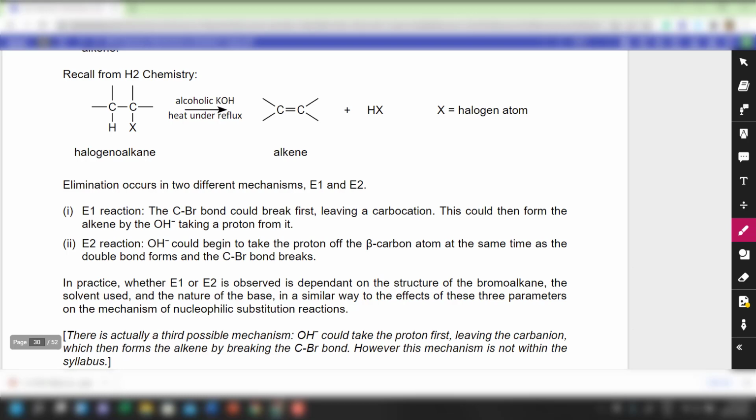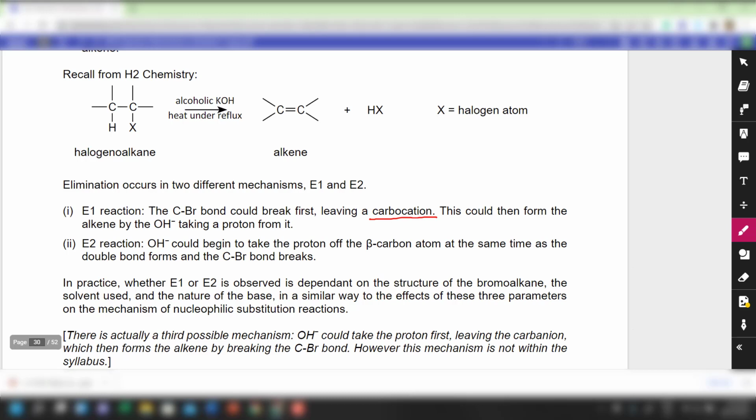For E1, similar to SN1, the first step is a slow step, so you will generate a carbocation. In the fast step for SN1, the nucleophile will approach the carbocationic carbon via a nucleophilic attack to give you the substitution product. But for elimination, the base will approach the beta hydrogen to give rise to the C=C pi bond.